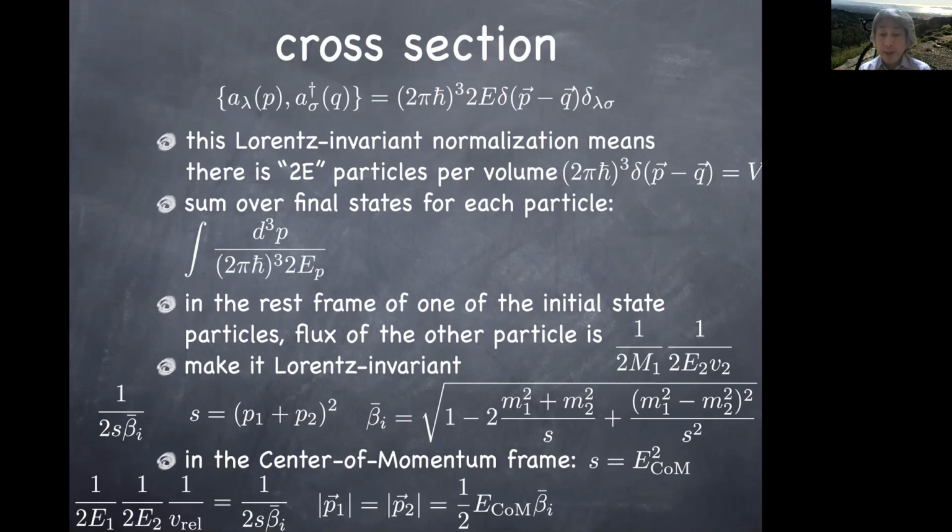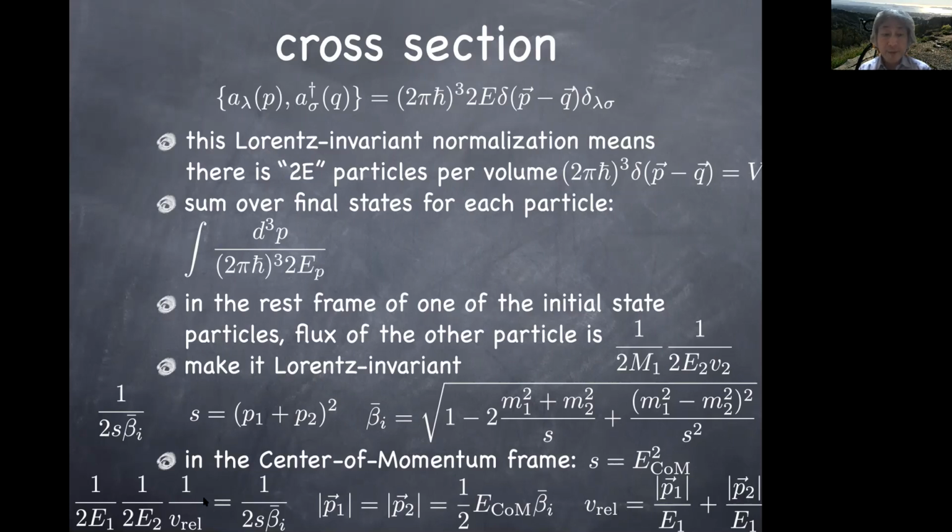So both p1 and p2 are given by the same number, and that number is where this expression beta bar appears. The velocity of a relativistic particle is p over E. And so the relative velocity is p over E for the first particle coming in, and the velocity of the second particle is p over E coming in the opposite direction. So you sum them, that's the relative velocity.